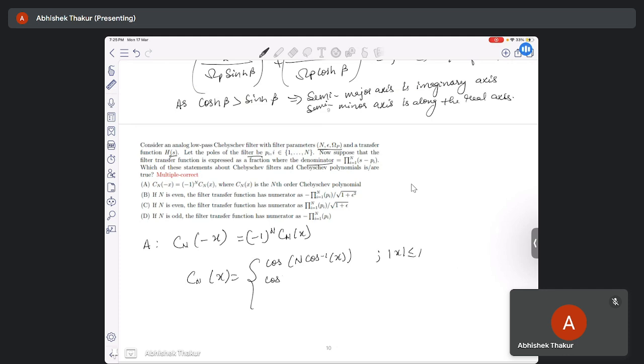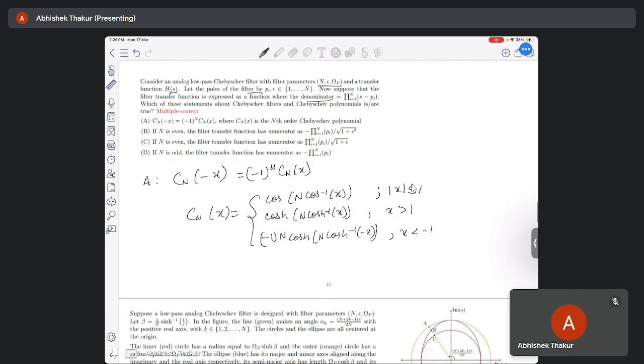It becomes cosh(n cosh inverse of x) when x is greater than 1, and minus 1 to the power of n cosh(n cosh inverse of minus x) when x is less than minus 1. After verifying in the range of minus 1 to 1, we find that it does not hold. So option A is incorrect.